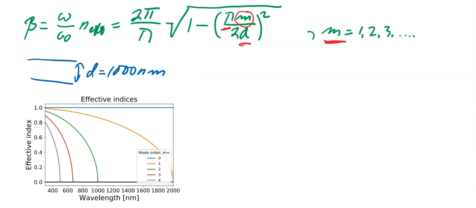We see that for different values of the integer m, we'll get different effective indices. So the first waveguide mode is obtained with an m equals to 1. Then we have mode with m 2, 3, and 4.